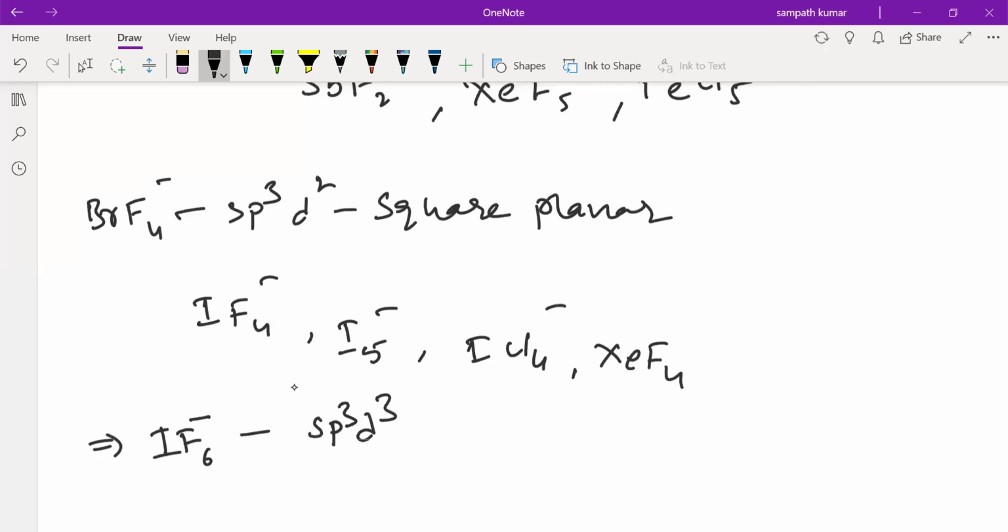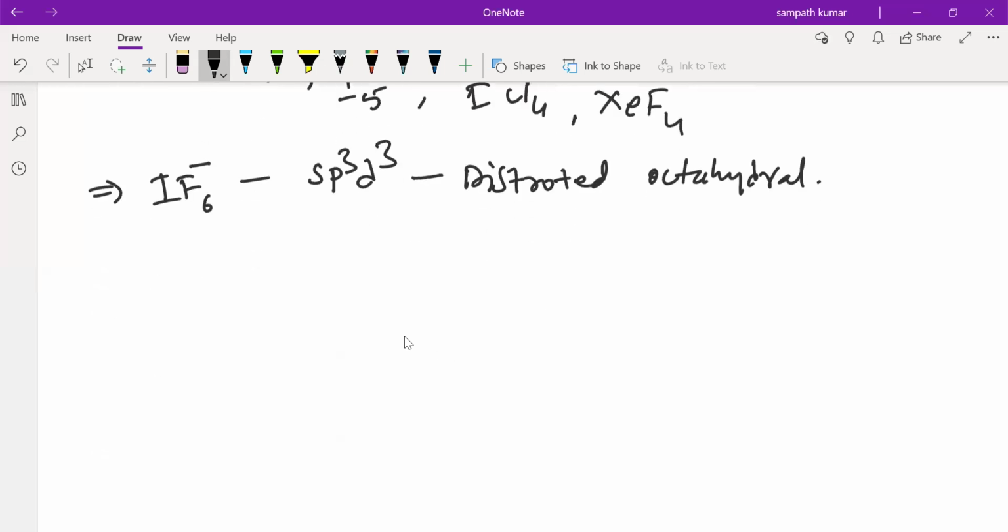Sp3d3 destroys the octahedral geometry, giving a distorted octahedral geometry.